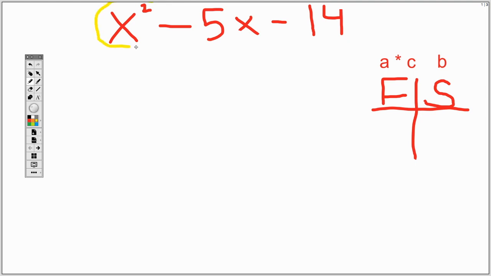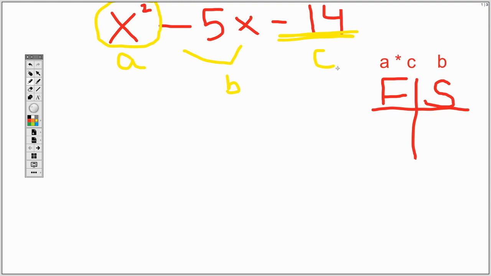But x to the power of 2 is your A. Minus 5x in this case is our B. And minus 14, the one without any variable, is our C.